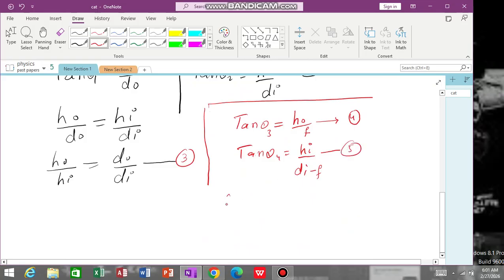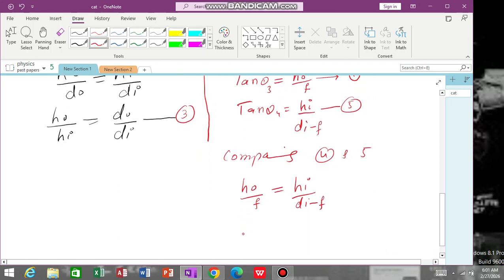Again, by comparing equation number 4 and 5, we get that HO divided by F is equal to HI divided by DI minus F. Now by cross multiplication, we can write HO divided by HI is equal to F divided by DI minus F. This is equation number 6.